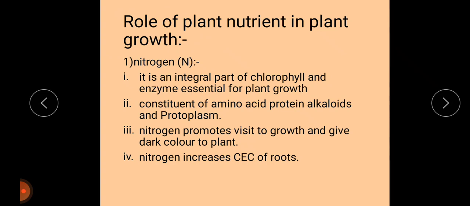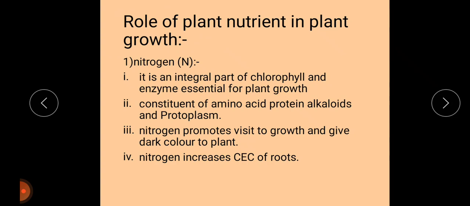Then, nitrogen is a constituent of amino acids, proteins, alkaloids and protoplasm. Third, nitrogen promotes vegetative growth and gives a dark color to the plant. Nitrogen also increases the cation exchange capacity of the root system, so the plant absorbs nutrients more efficiently from the soil.